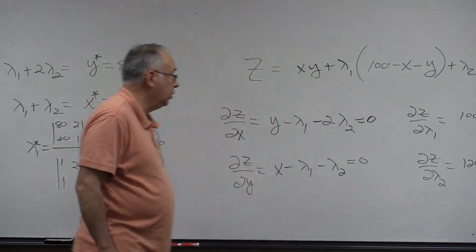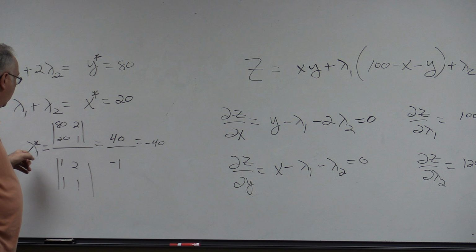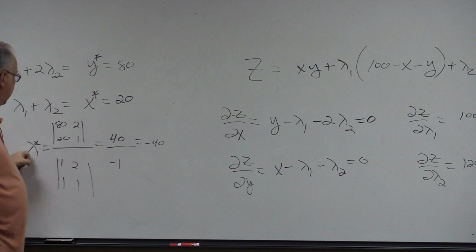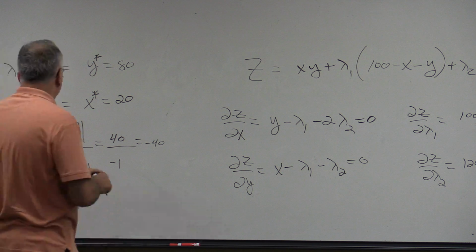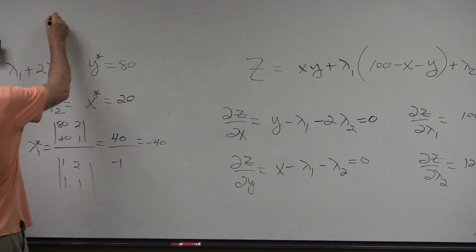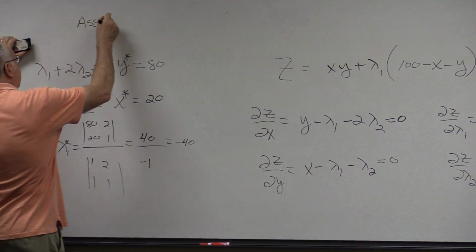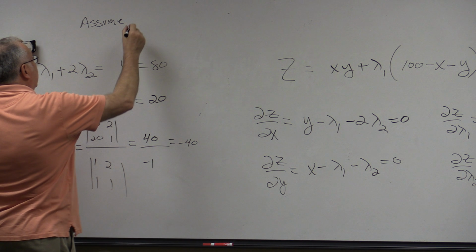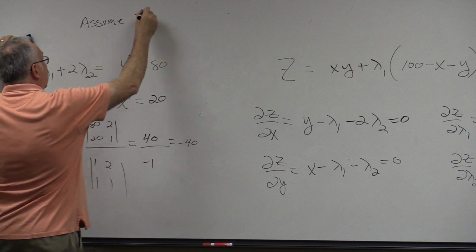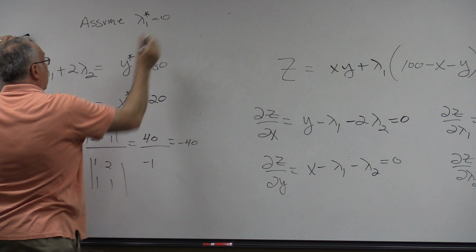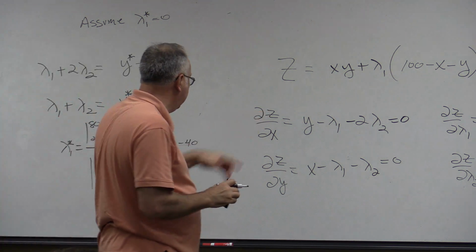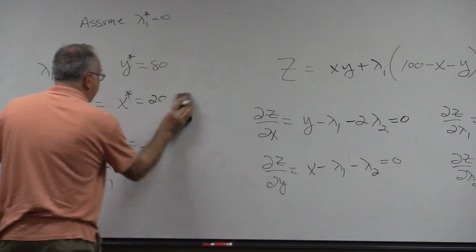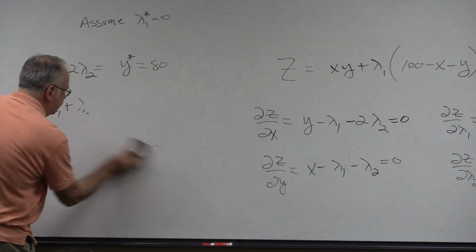So let's go back and assume lambda 1 equals 0. Because we got a negative lambda 1, that's a problem. So let's assume it's 0. Okay. So now we go back to these two equations and see what happens.